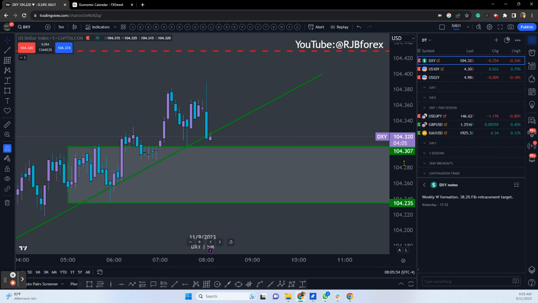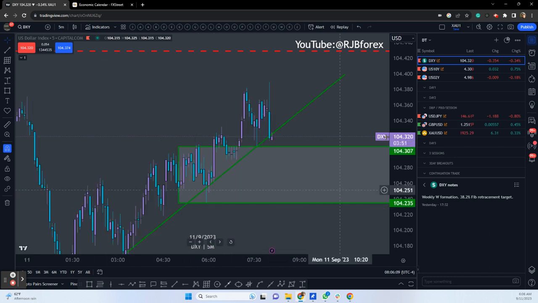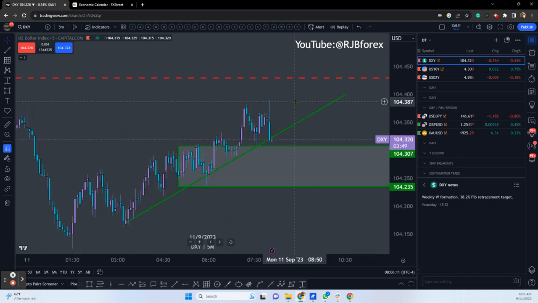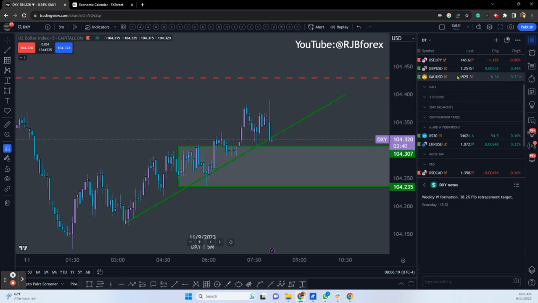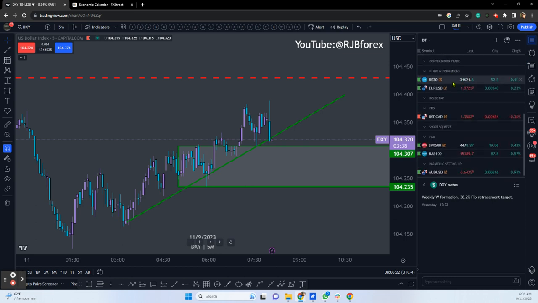So really, 104.30, a break of that level being a swing high would start confirming the thesis for a break of this trend to continue lower, and that will set us up bullish on the yen, pound, euro, gold, indices, Canadian dollar, Australian dollar, and so forth.